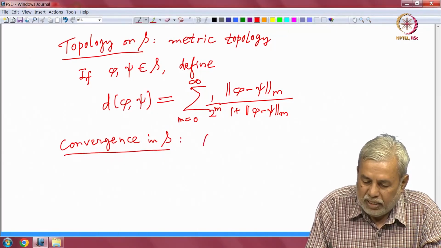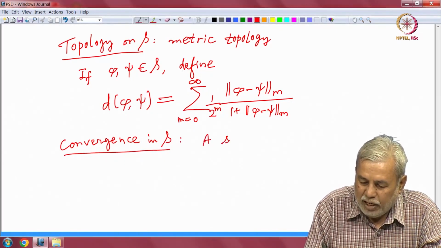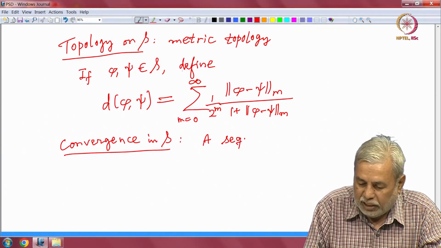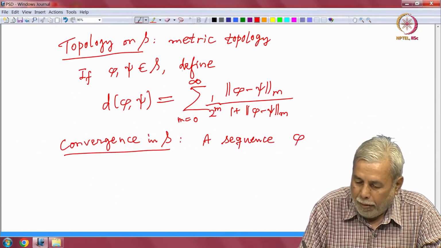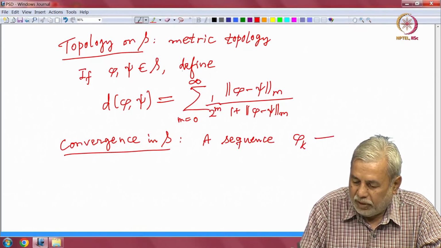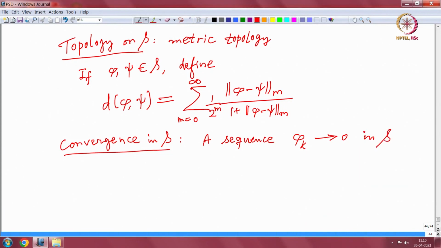So, a sequence, again by linearity, it is sufficient to discuss convergence of a sequence converging to 0 in S, that is important, if and only if, because of that metric topology, the norm of phi k in m tends to 0 as k tends to infinity.